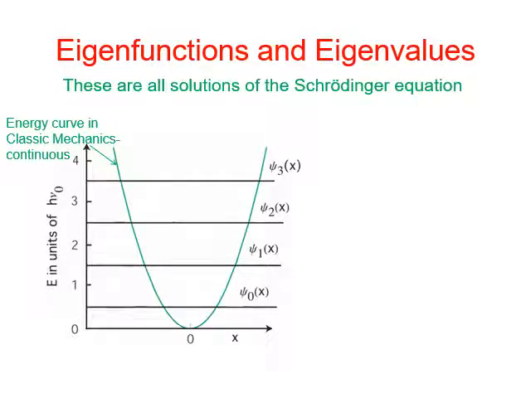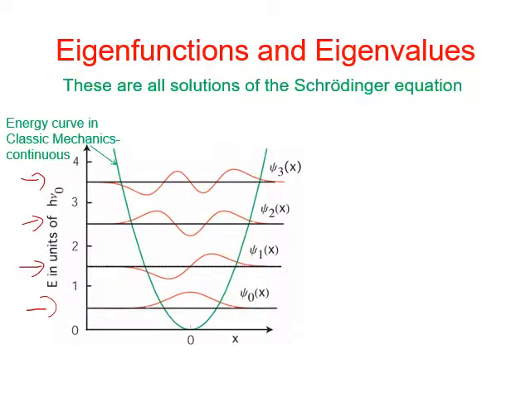Here we show the first 4 allowed energies and the wave functions associated with these 4 energies. When solving the Schrödinger equation, the solutions for the wave function are called eigenfunctions, and the energies are called eigenvalues.